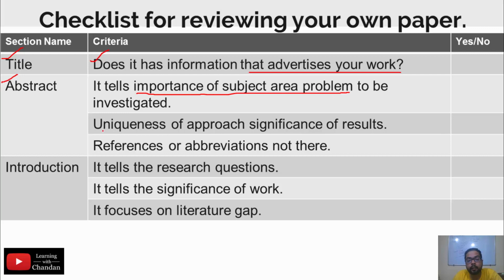You have to tell about the uniqueness of your results, and there should not be any references or abbreviations. In the introduction, you have to tell about the research questions, the significance of the work, and you have to focus on the literature gap.